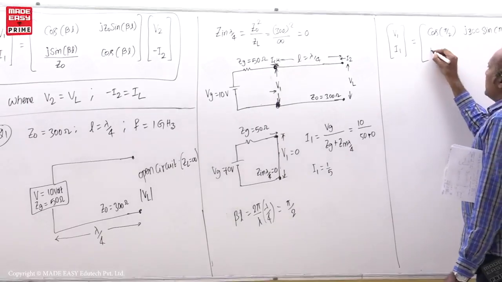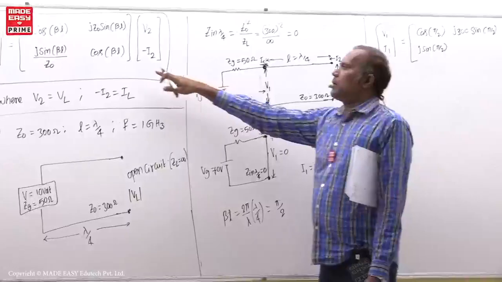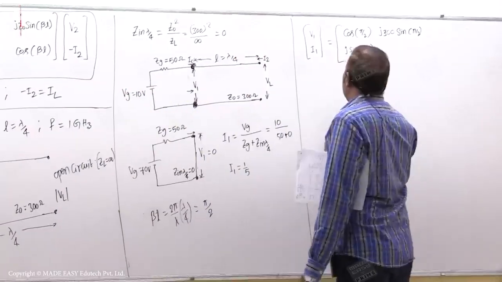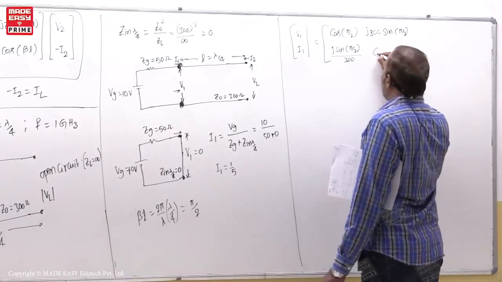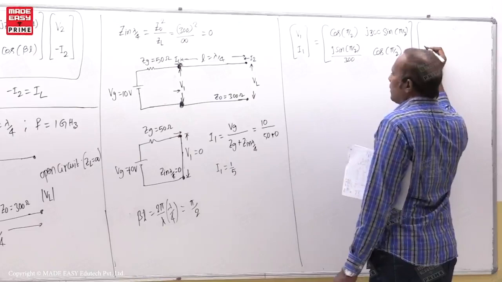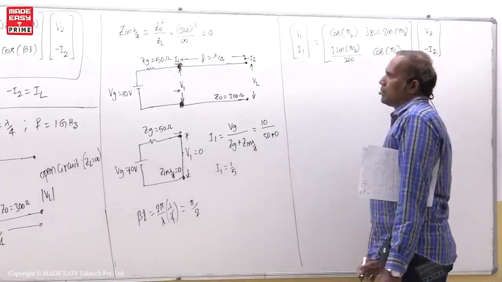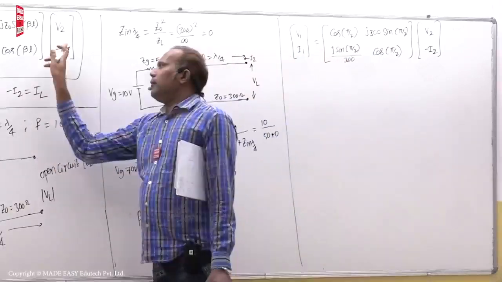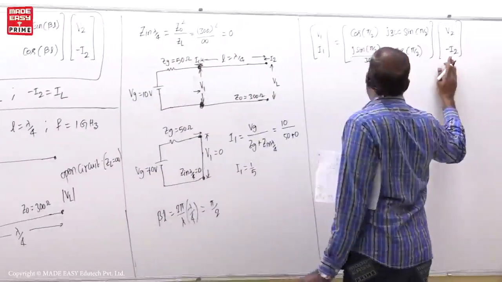Next, j sin pi by 2 divided by 300, cos of pi by 2, then V2, minus of I2. So here I wrote V2 is nothing but VL, minus I2 is nothing but IL.